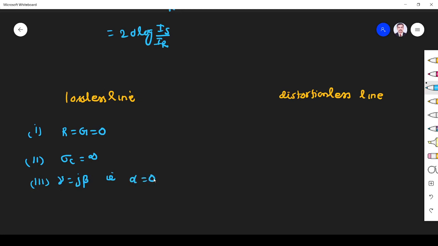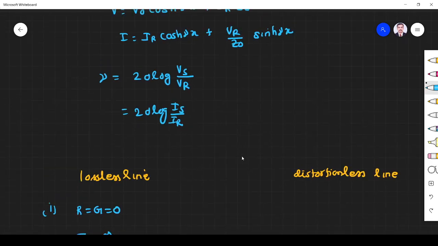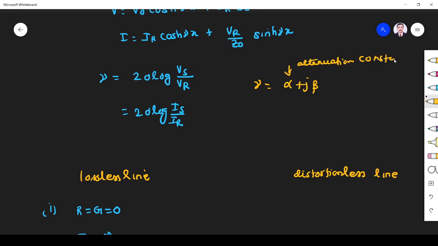So I have to tell something here. Right? We know gamma is the propagation constant. Gamma is given by alpha plus j beta. Alpha is attenuation constant. Right? Beta is phase constant. Fine?